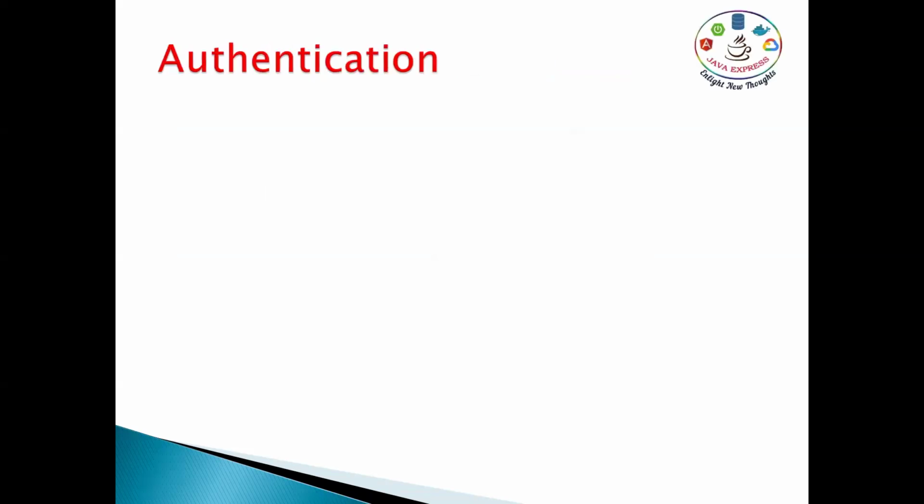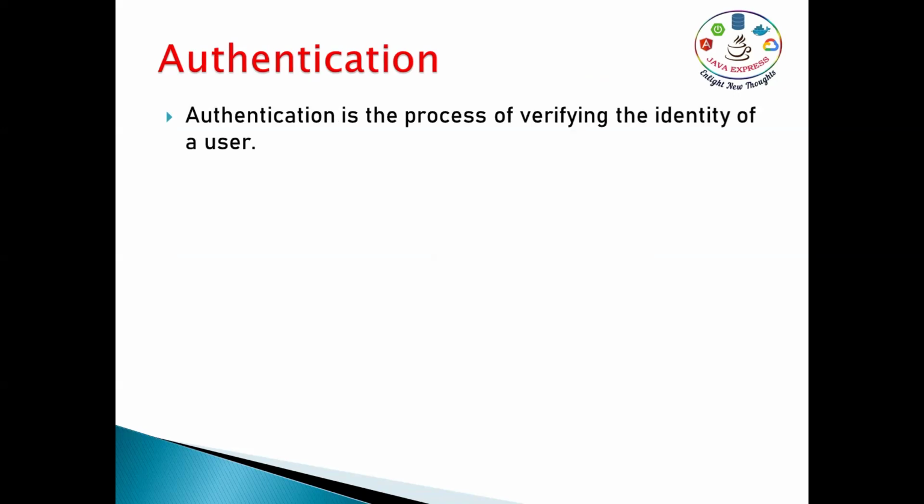Now first, authentication. First we'll try to understand what authentication is. Before starting Spring Security, there are some normal technical terms you should be aware of, which I'm going to explain now. Authentication means the process of verifying the identity of a user, whether you are a valid user or not.